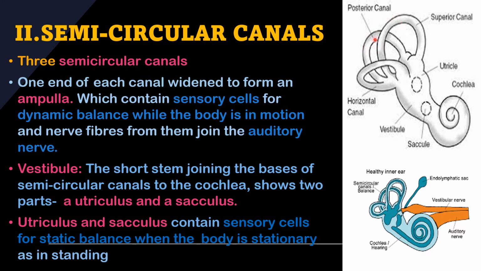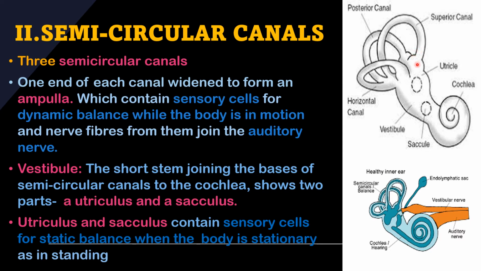One end of each canal is widened to form an ampulla which contains sensory cells. The ampulla region contains sensory cells for dynamic balance while the body is in motion.